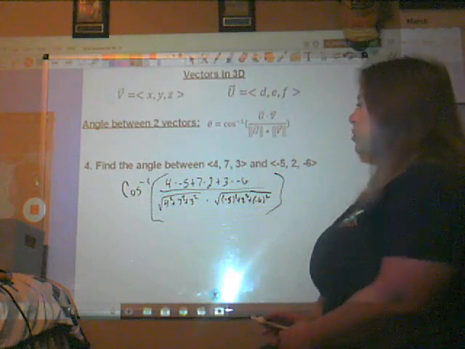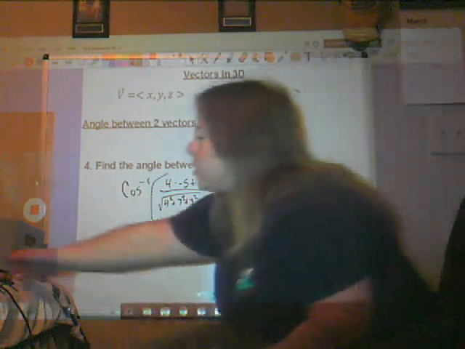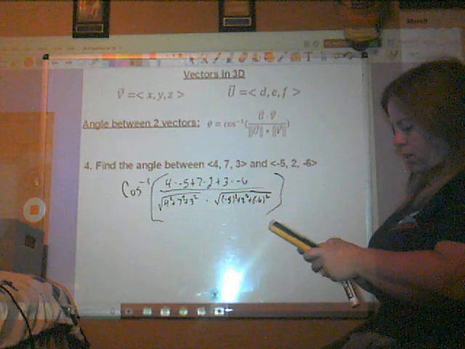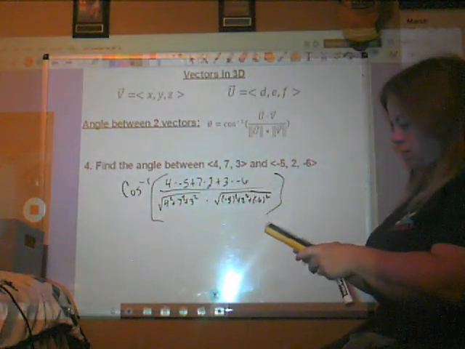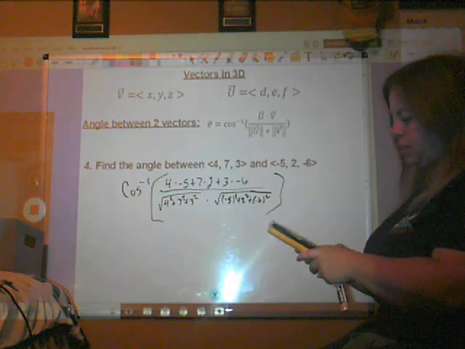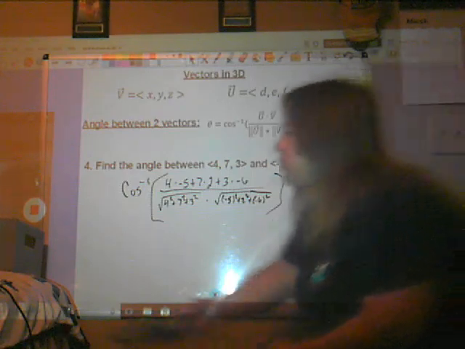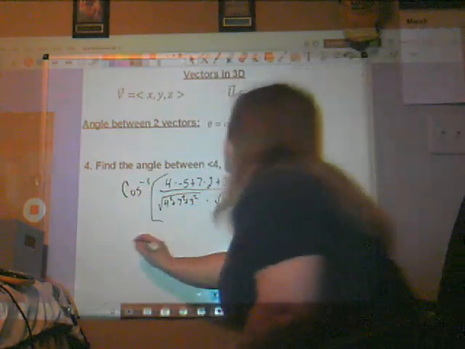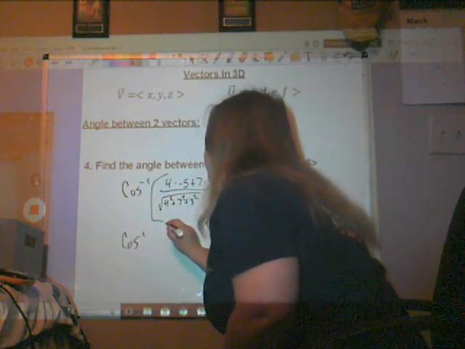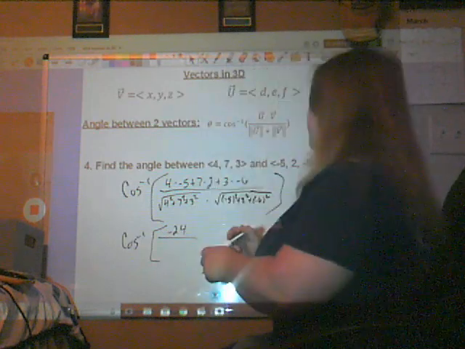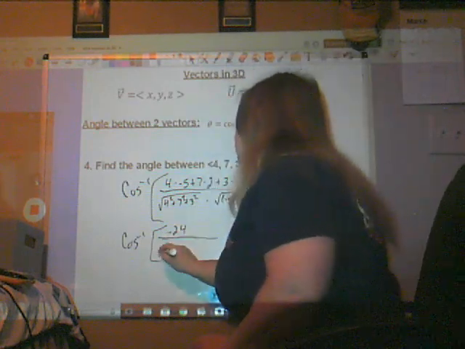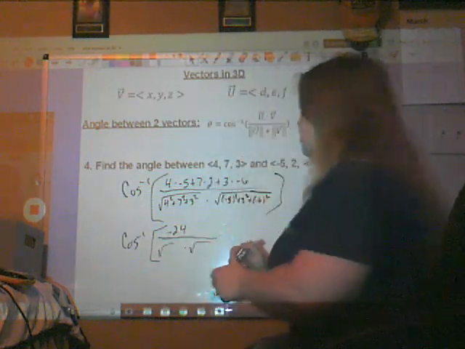Okay, so we want to do the whole top. So in the calculator, I'm going to type in 4 times negative 5 plus 7 times 2 plus 3 times negative 6. Gives me negative 24. So I have cosine inverse of negative 24 over, and I want to find each one of these square roots.